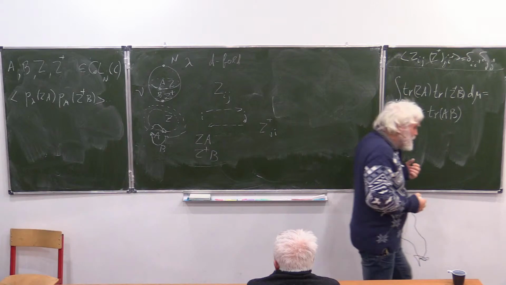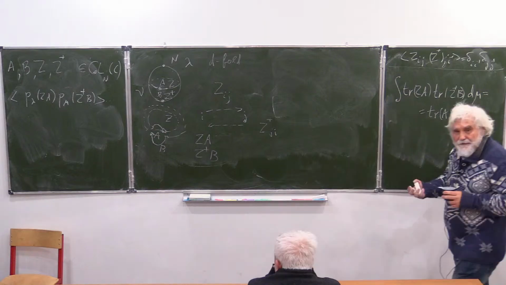It is a simple thing. Perhaps people know this property of Gauss integrals, that the expectation value of some monomial is a product of pairwise expectations. This is the Wick theorem.